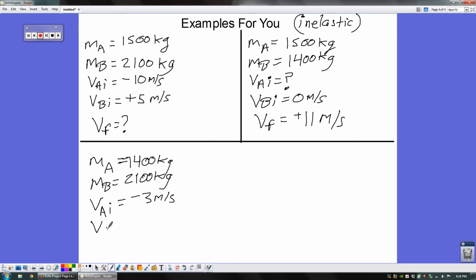You want to know what the initial velocity of car B is before that crash, such that the final velocity of the 2 cars smushed together is positive 3 meters per second. Interesting. All right. Please now pause the video, solve these 3 problems, and when you are done, press play again to check your answers.